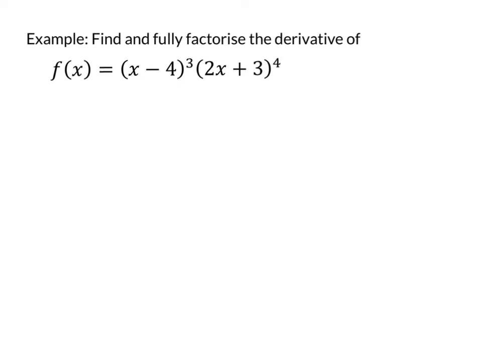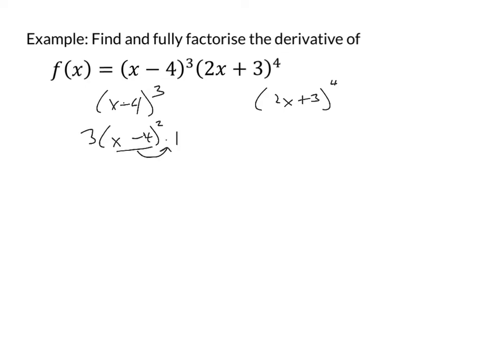So the first function here, we've got this x minus 4 cubed, and our second function we've got 2x plus 3 to the fourth. All right, so for this first one, I'm going to have 3, leave the inside alone, and square it. The chain rule there says I then need to multiply by the derivative of what was inside. That's just 1, so it's not really going to change anything, but it's good for us to recognize it.